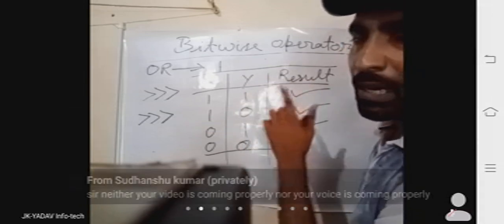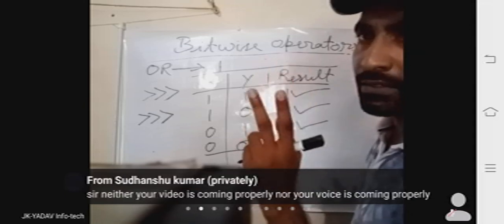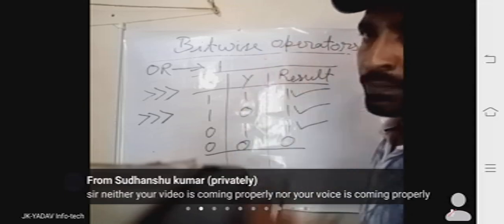This is the rule of the bitwise OR operator. Remember one thing, we are talking about bitwise operators, not logical. It is bitwise, which compares only the binary digits of the numbers. So now let me explain one example.